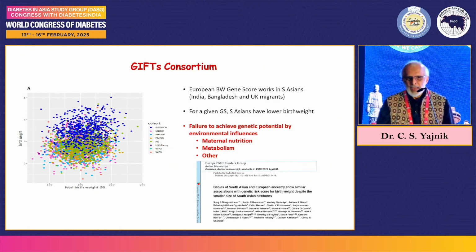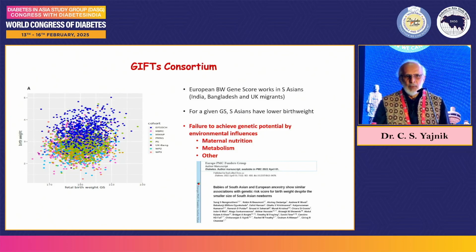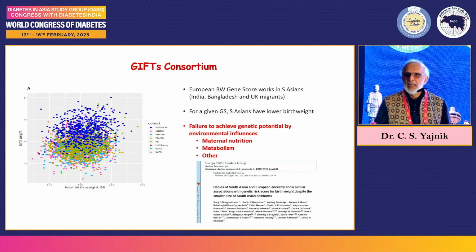And we compared the gene risk scores for birth weight in Indian subcohorts versus the English babies. The blue dots are babies born in Exeter, in Andrew Hattersley's study, which I actually helped them set up, and the 7 cohorts in India and Bangladesh.